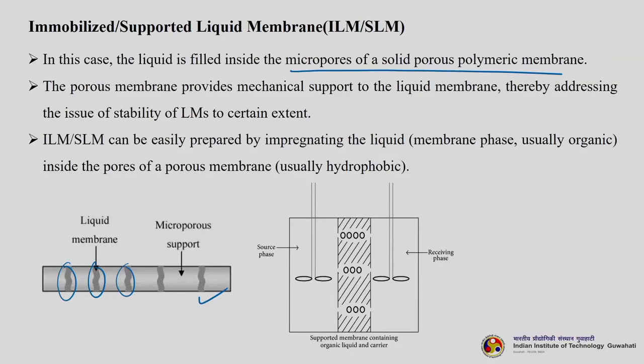You have to do it in a controlled manner with very low pressure, otherwise it will suck everything and all the membrane phase will come to the permeate side. That should not happen. Once it is done, you take it out and wipe the membrane surface, so that the extra liquid membrane phase present on the top surface is wiped out. Then you can either dry it or not, you can just use it. So, you use it something like this.